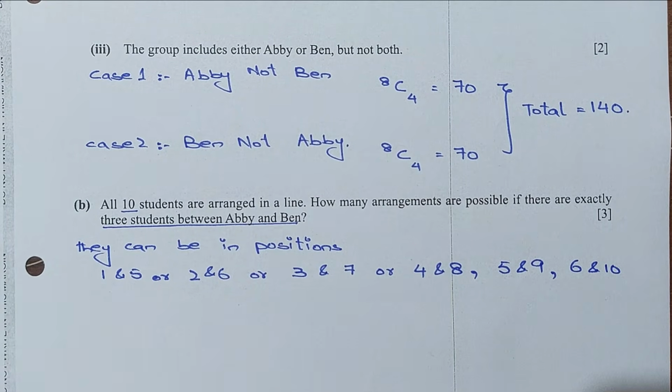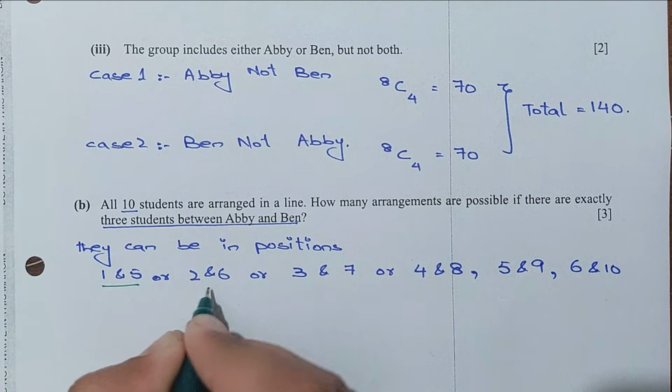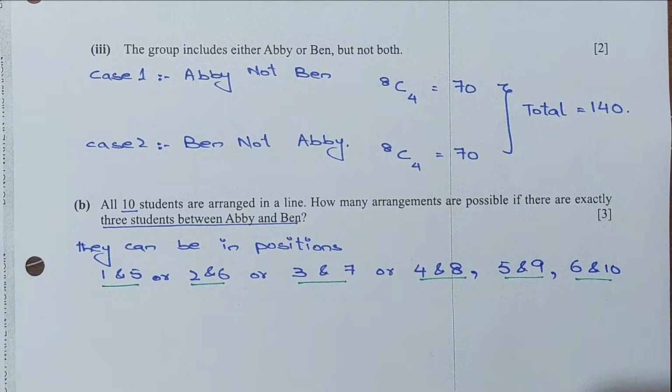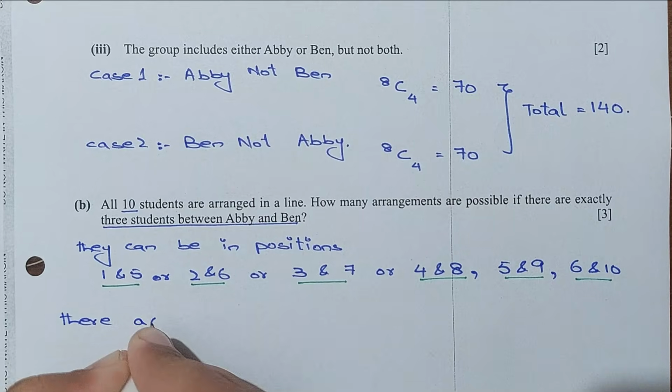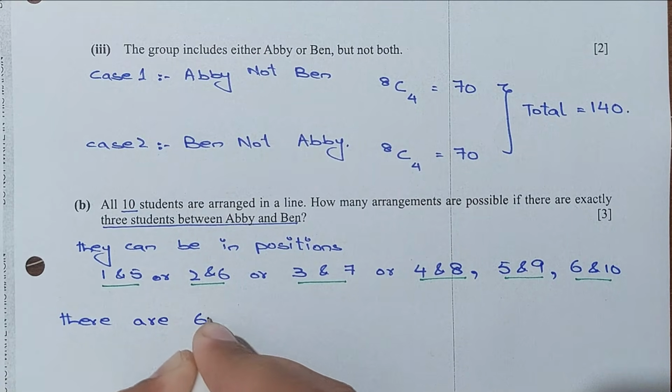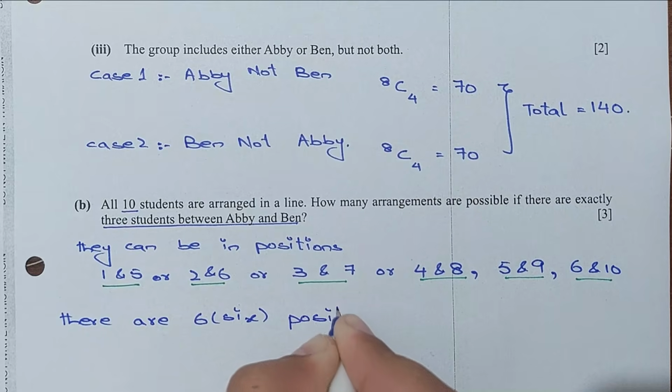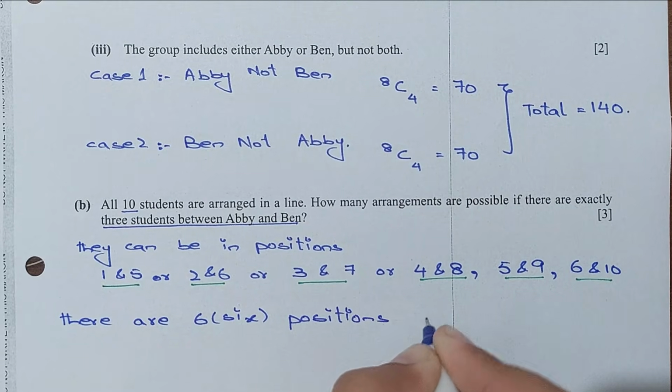So how many positions do we have? 1, 2, 3, 4, 5, and 6, right? So there are 6 positions for them.